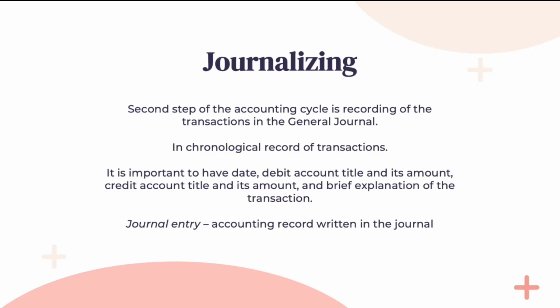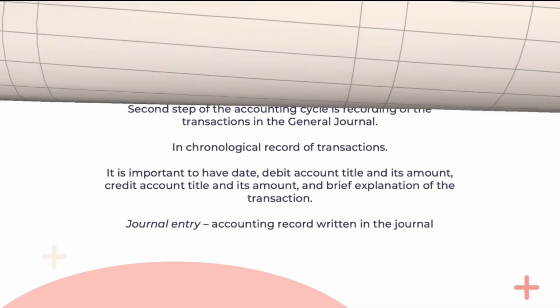The accounting record written in the journal is called journal entries. So, yung mga na-identify nating transactions sa first step ng accounting cycle, gamitin natin dito sa second step ng accounting cycle. Let's learn how to record the transactions.